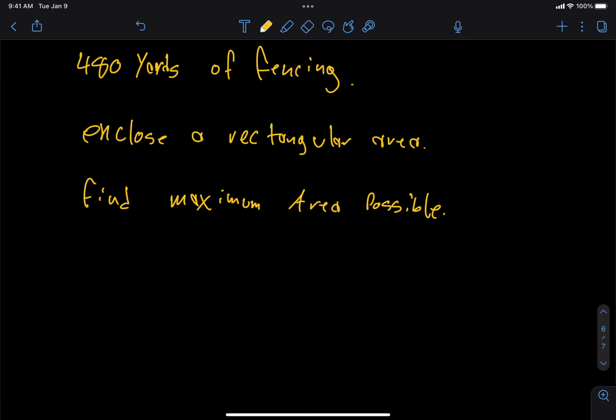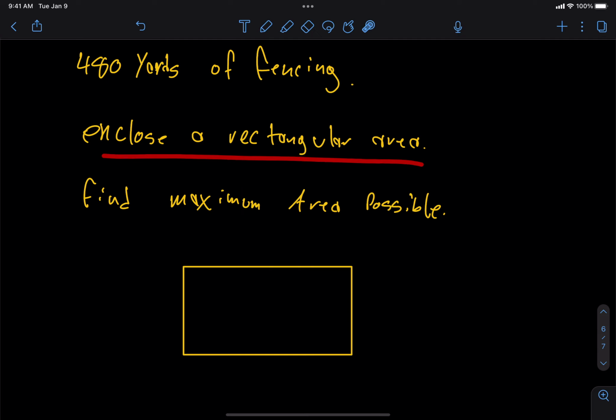Anytime that we have an abstract kind of a problem like this, I think the best place to start is definitely to draw a picture. Okay, why don't I just make a rectangle? That would be smart. There we go. So here's our rectangle. We are supposed to enclose a rectangular area using 480 yards of fencing.